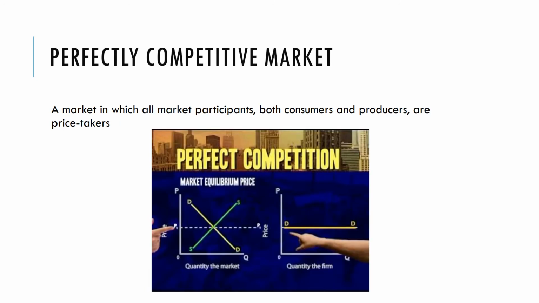A perfectly competitive market is a market in which all participants, consumers and producers, are price takers. Everybody takes the price as a given, knowing that they do not have the power in and of themselves to increase or decrease that price, because they are essentially statistically insignificant.